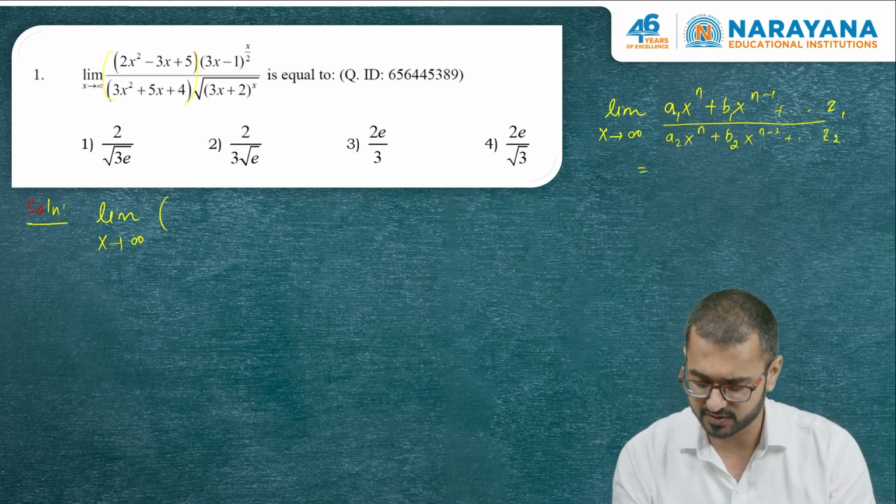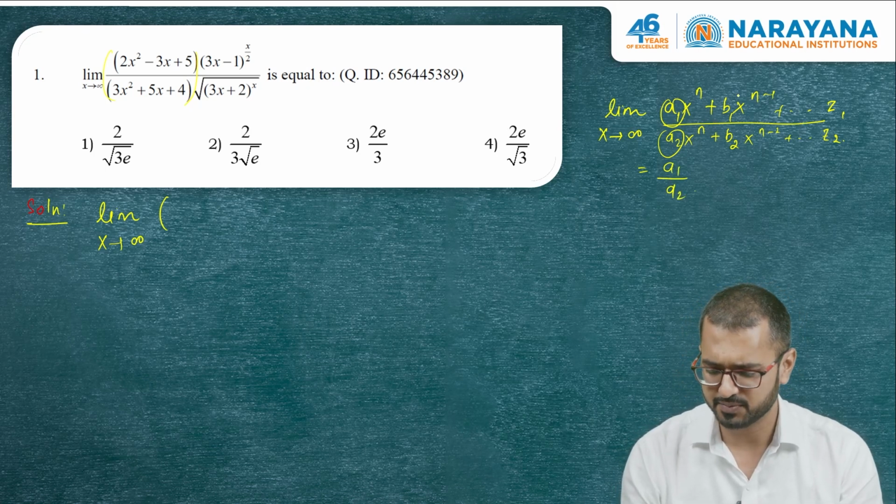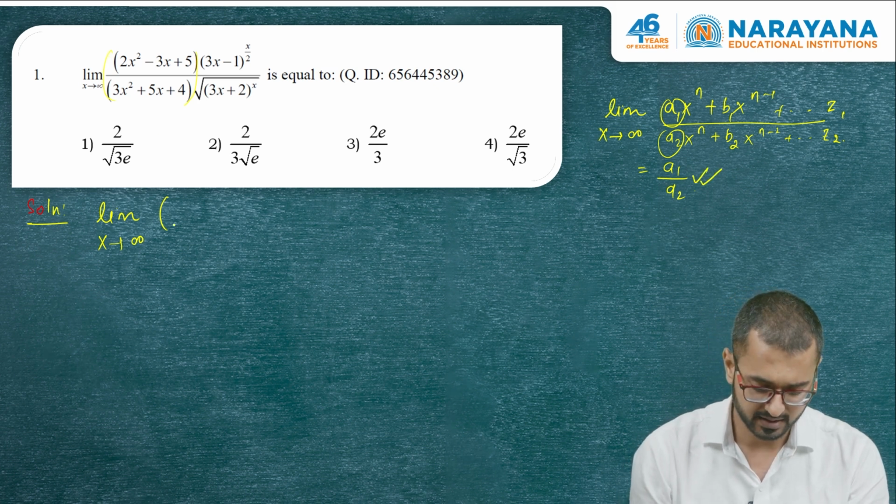We can simply write a1 over a2. Eventually you'll be dividing by xⁿ throughout and taking the limit, so the rest of the terms become 0 and we are left only with a1 over a2. So we'll use that result here, and I directly get 2 over 3 times.